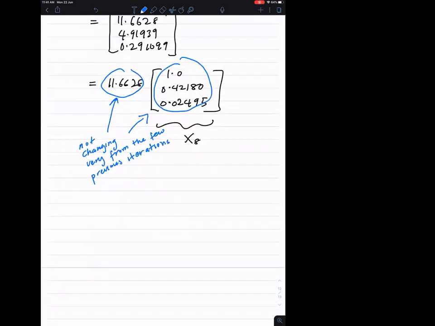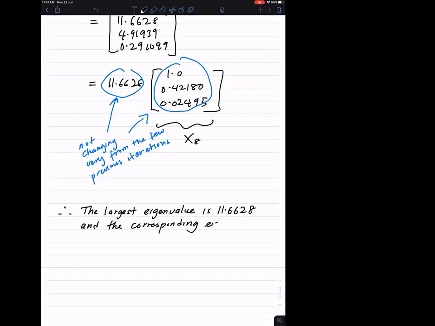So therefore, I can conclude from here, therefore, the largest eigenvalue and the eigenvector.